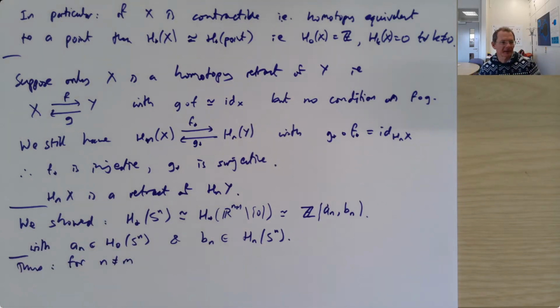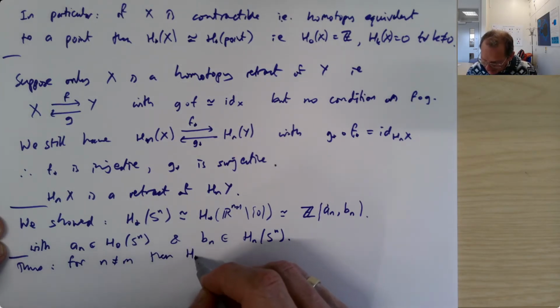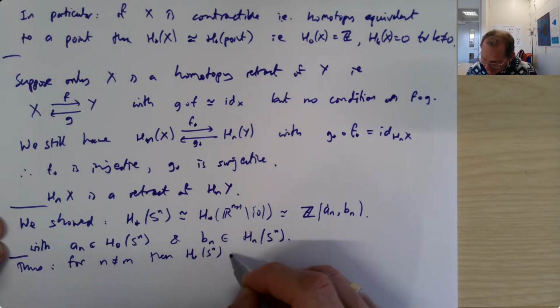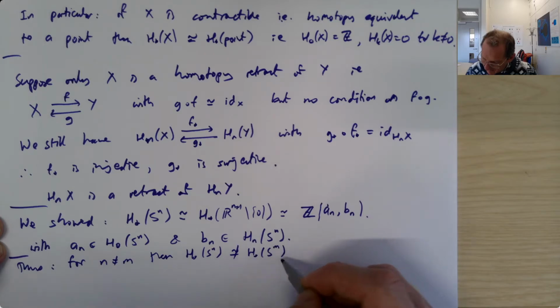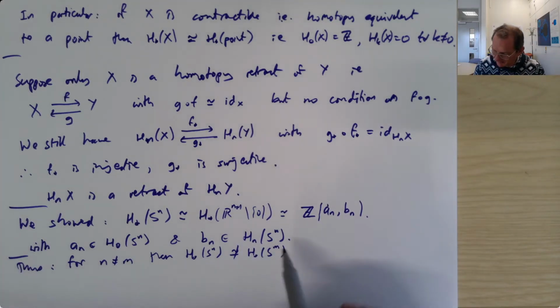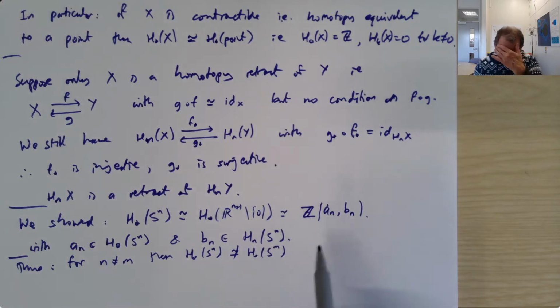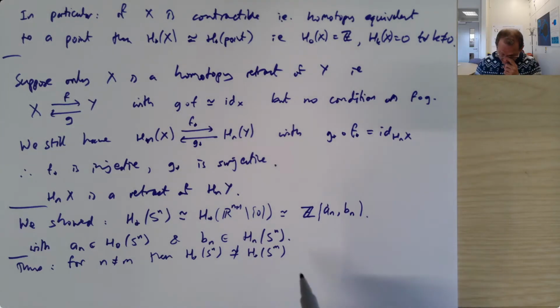And so it's clear from this that if n is different from m, then the homology of S^n is not isomorphic to the homology of S^m. Not isomorphic in terms of graded groups, again. If you just combine all the groups together, then you just get a Z squared, but the extra Z is generated in different dimensions.